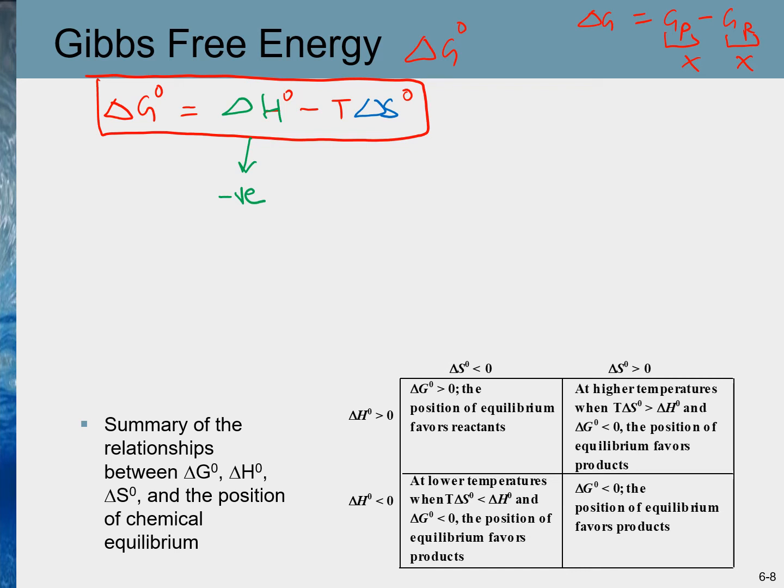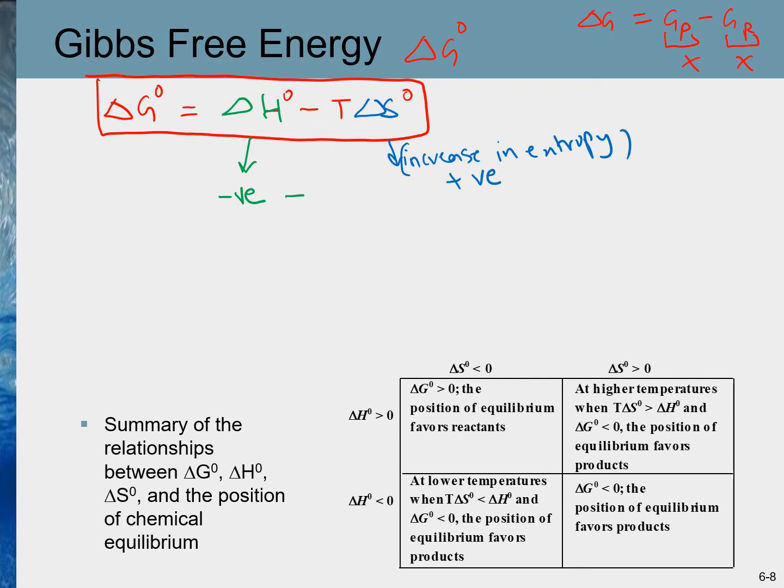And if a reaction is such that there is increase in entropy, remember, entropy is a measure of randomness. Increase in entropy means there is more randomness in the system. So in that case, delta S will be positive.